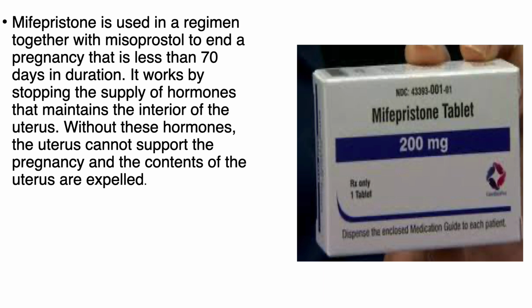Mifepristone is used in a regimen together with misoprostol to end a pregnancy that is less than 70 days in duration. It works by stopping the supply of hormones that maintain the lining of the uterus. Without these hormones, the uterus cannot support the pregnancy and the contents of the uterus are expelled. So this is a small note about misoprostol and mifepristone, which are used in missed abortion.